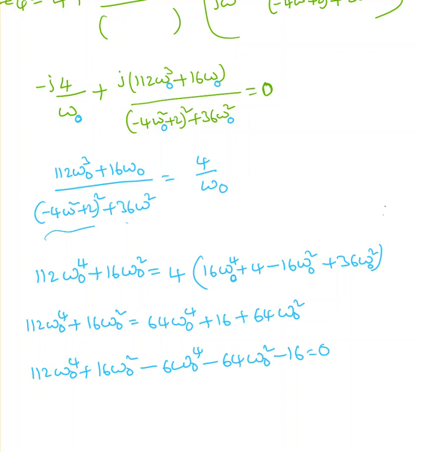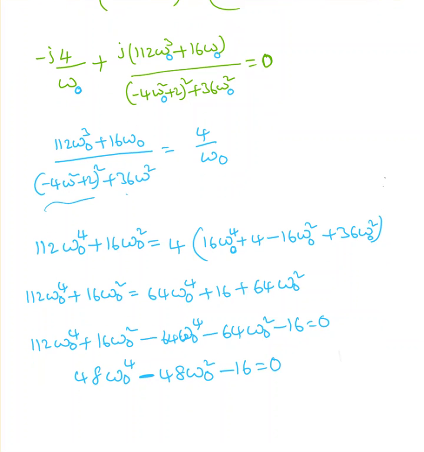So 112 minus 64, that value is 48 omega naught to the power of 4. Okay, and the next one is plus 16 omega naught square minus 64, so that's going to be minus 48 omega naught square minus 16 equal to 0.